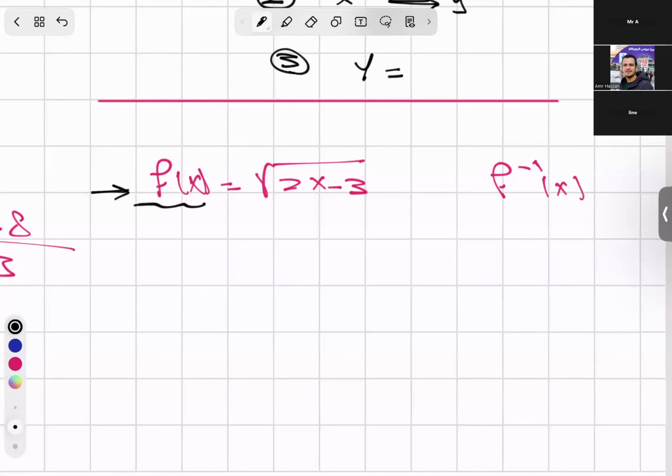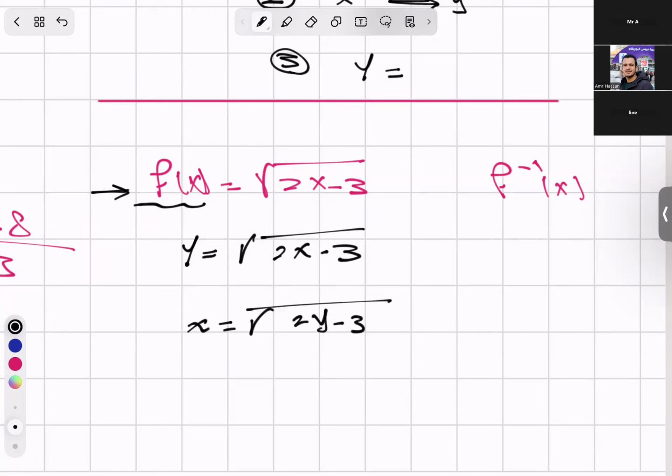So instead of writing f of x, it's going to be y, right? So it's y equals the square root of 2x minus 3. And then you do x equals the square root of 2y minus 3.